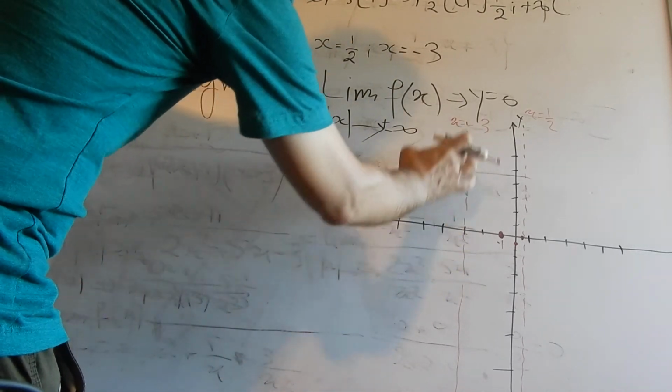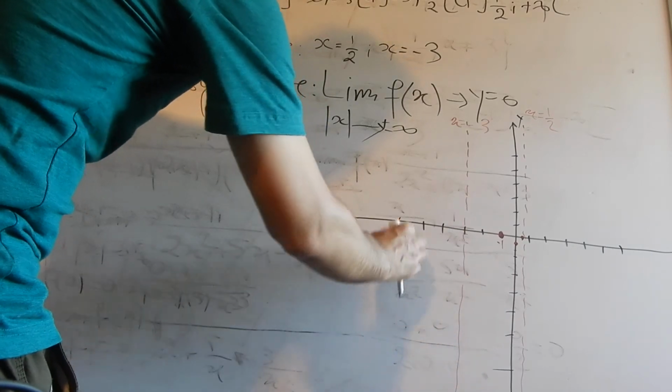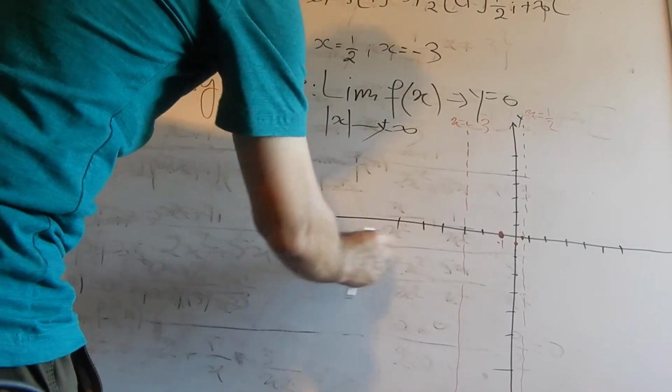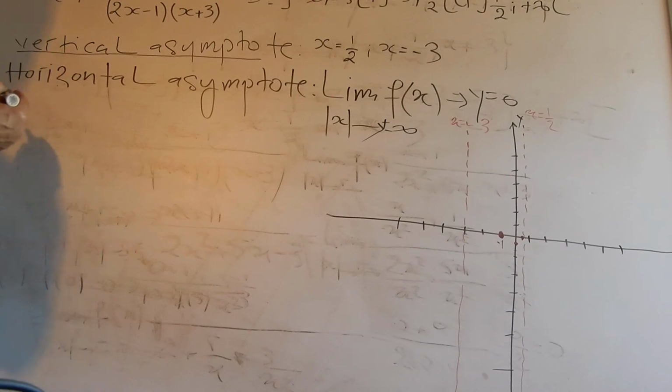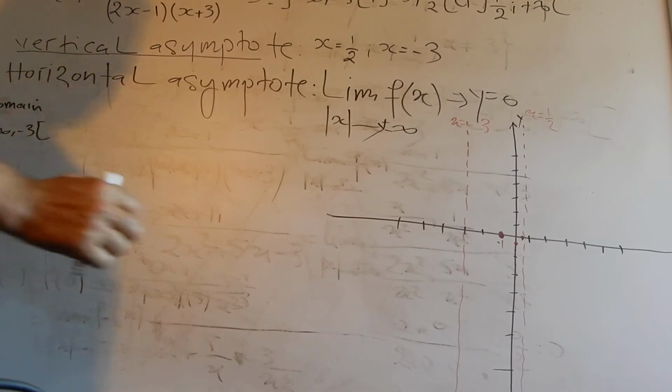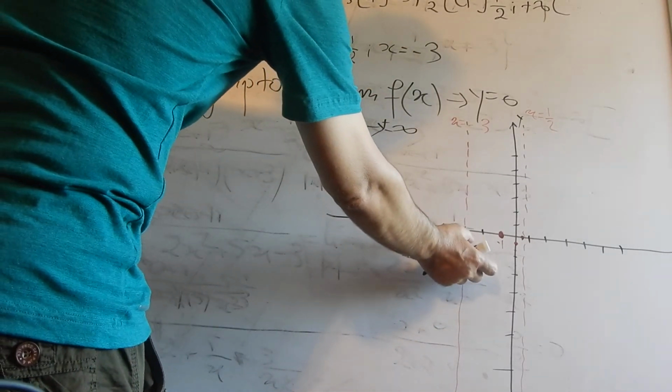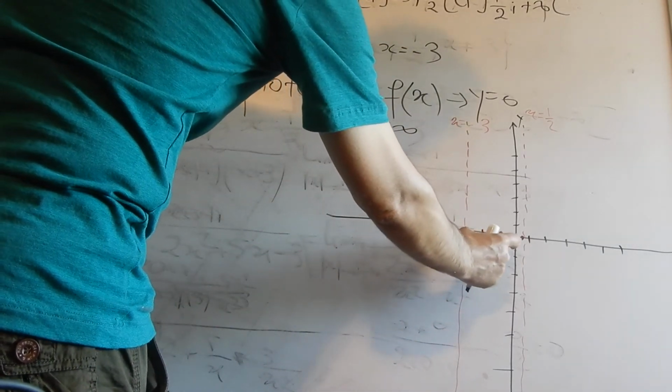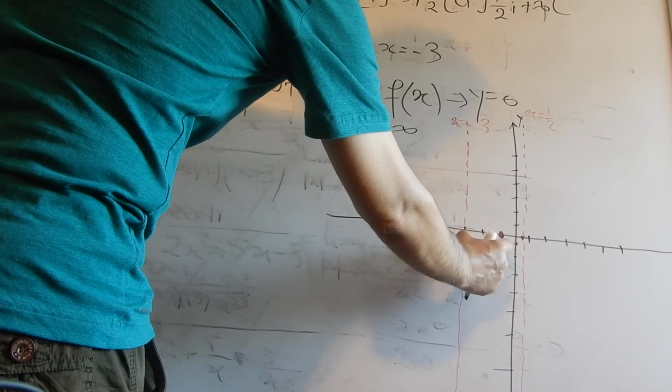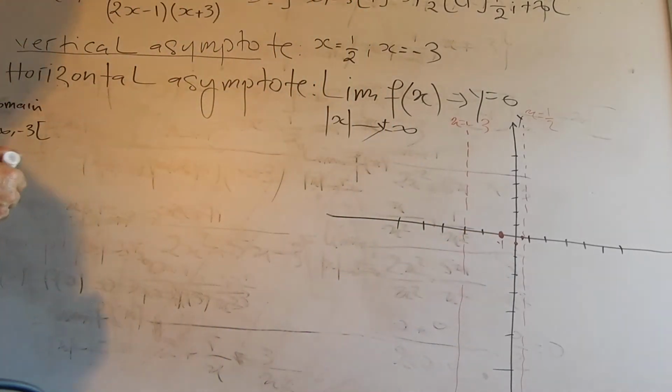I have a vertical asymptote here, which means the graph is not going to cross this one. So the first domain is minus infinity to minus 3. The second domain is minus 3 to minus 1.